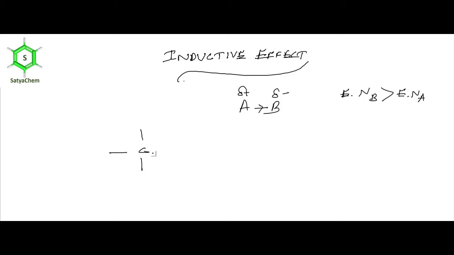So we can consider the following illustration. Let's consider a carbon chain in which a chlorine atom is attached to one end. Like this is C4, this is C3, this is C2, this is C1, and this is chlorine, attached to the end of the carbon chain. We know that chlorine is an electronegative atom.